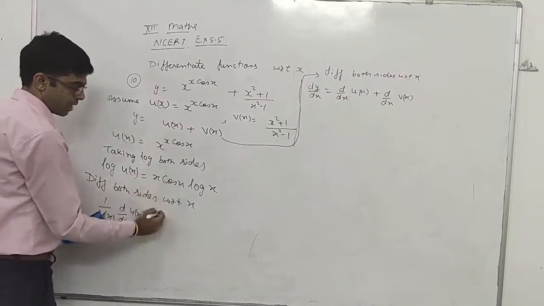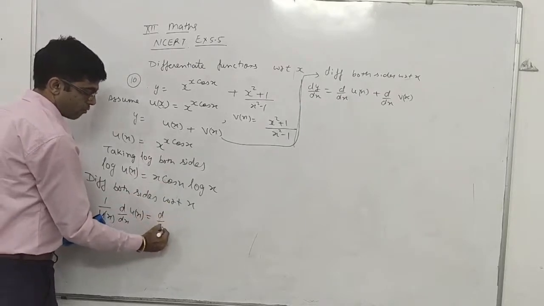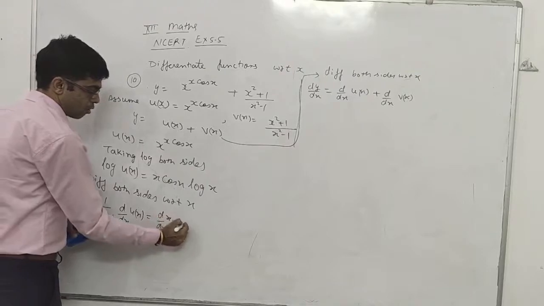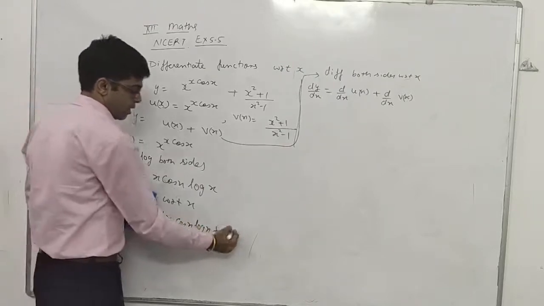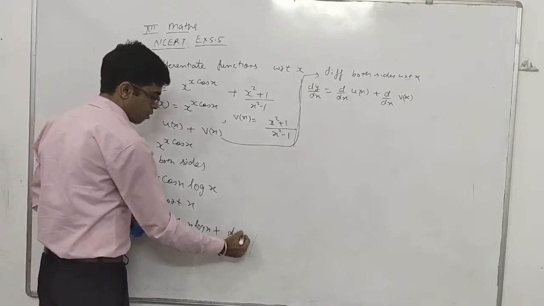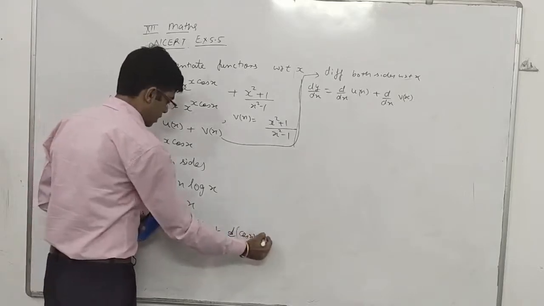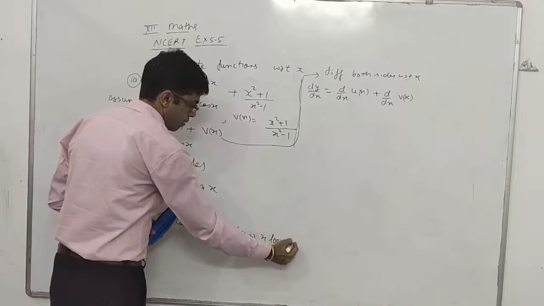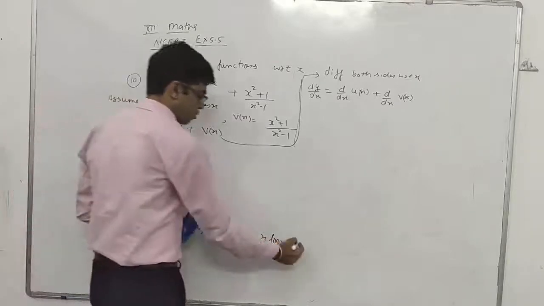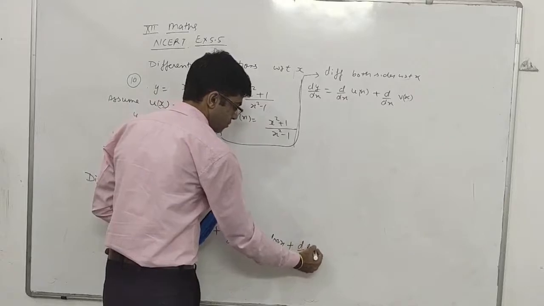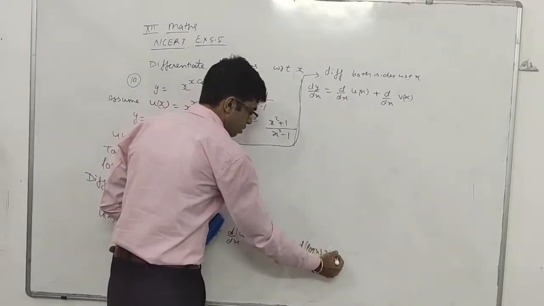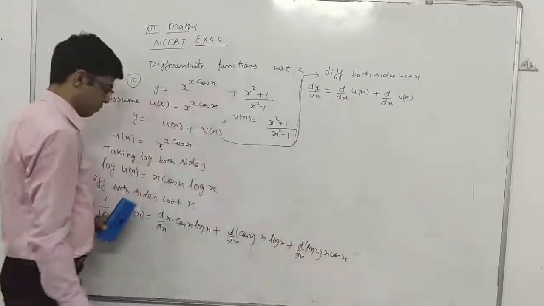So how will we do it? dy/dx of x, cos x, log x same; dy/dx of cos x, x, log x same; dy/dx of log x, x cos x same.